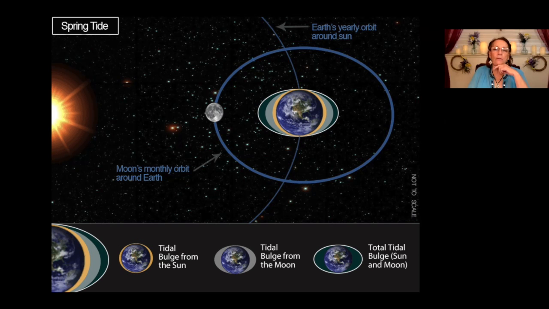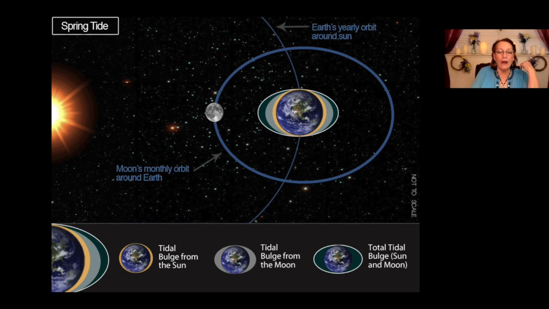It has a little box and it'll say spring or neap, N-E-A-P. It'll show the position of the moon as compared to the Earth, and the moon goes all the way around in its orbit. When it's at the top or the bottom, it's a neap tide. If it's on the left or the right, it's a spring tide.